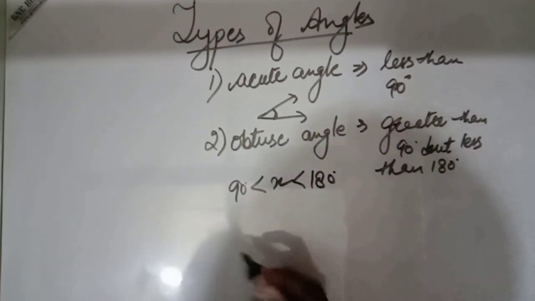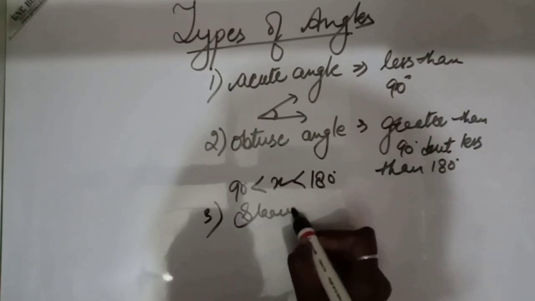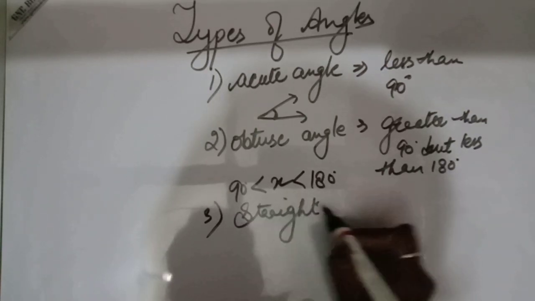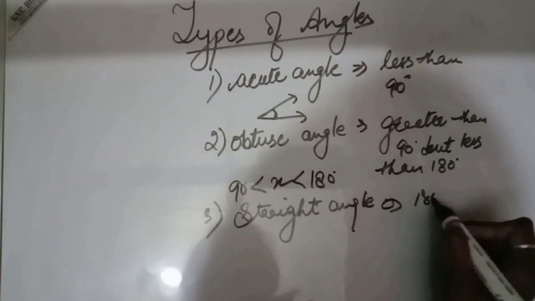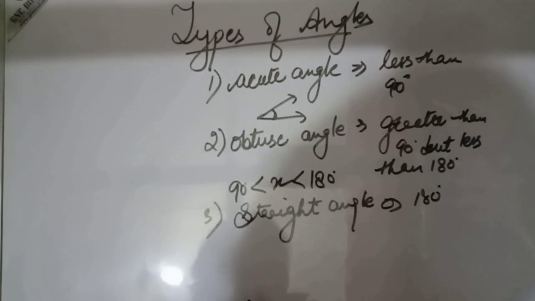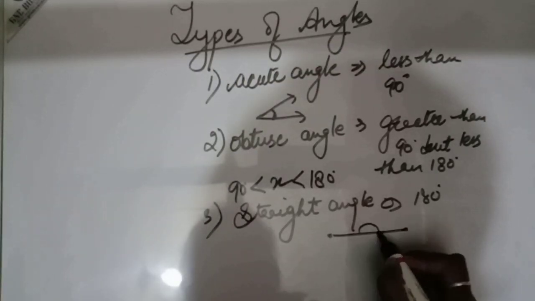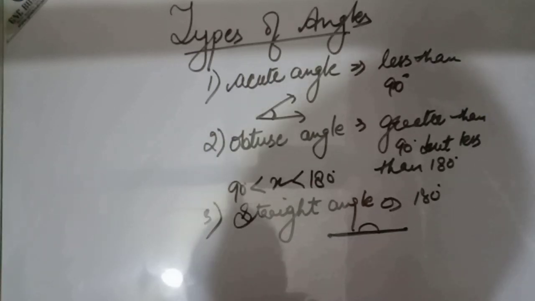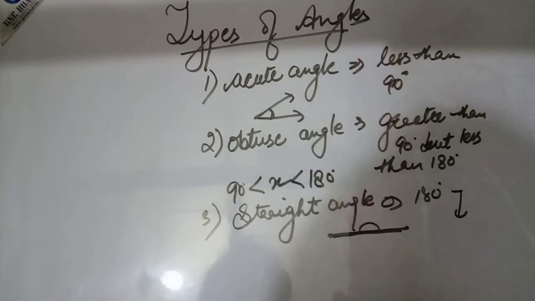Third one is the straight angle. An angle which is equal to 180 degrees is called a straight angle. This is a straight angle. 180 degrees looks like a straight line. Therefore, it is called a straight angle.